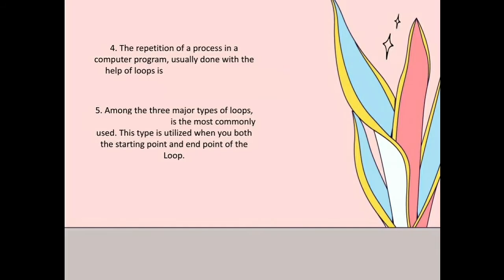Fourth, the repetition of a process in a computer program, usually done with the help of loops, is iteration. Fifth, among the three major types of loops, for loop is the most commonly used. This type is utilized when you both know the starting point and the end point of the loop.